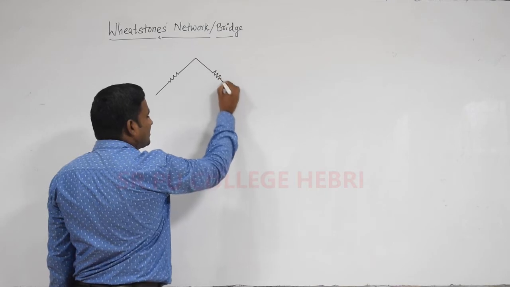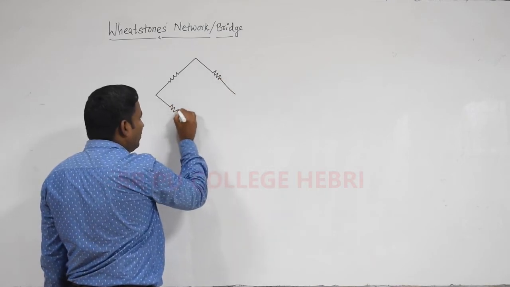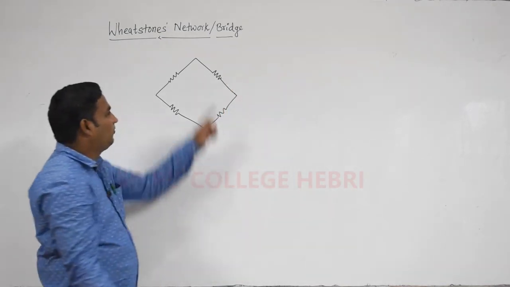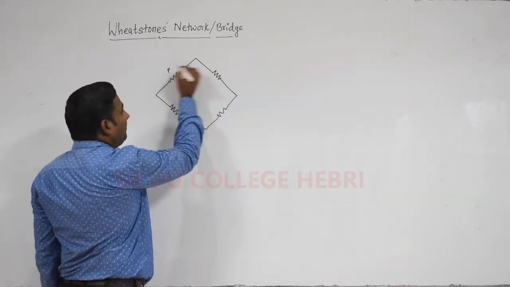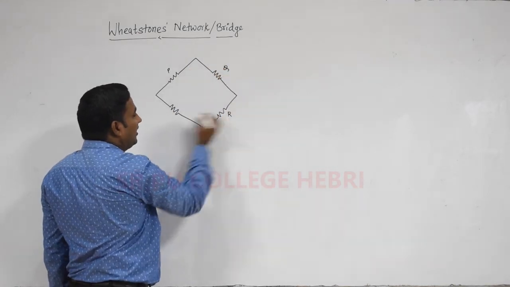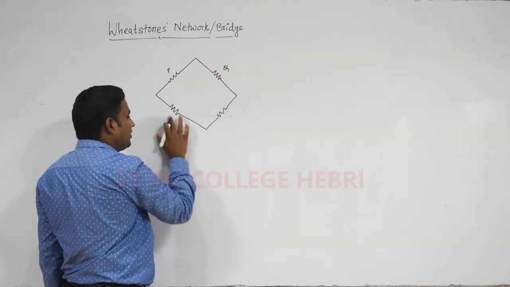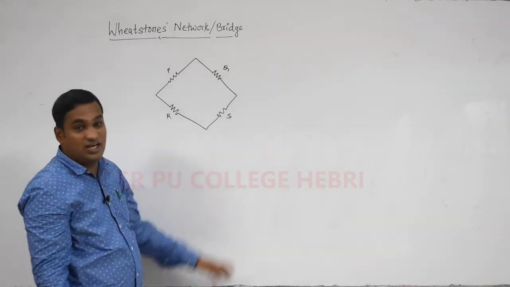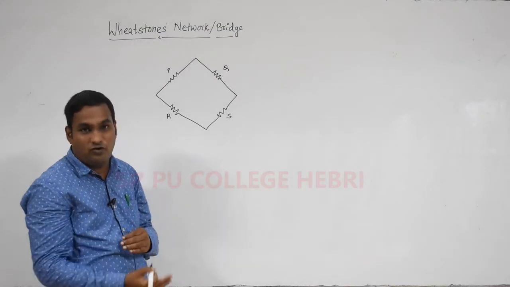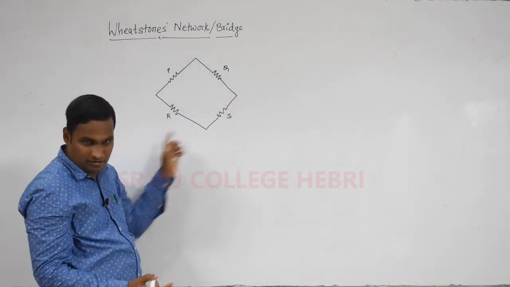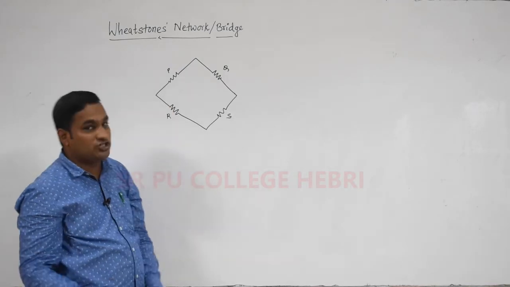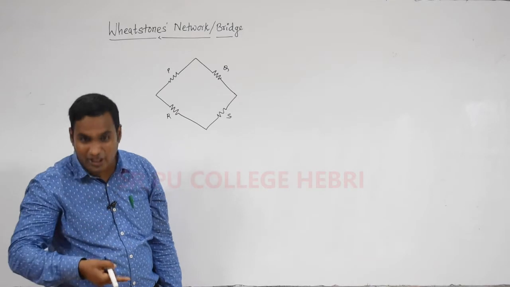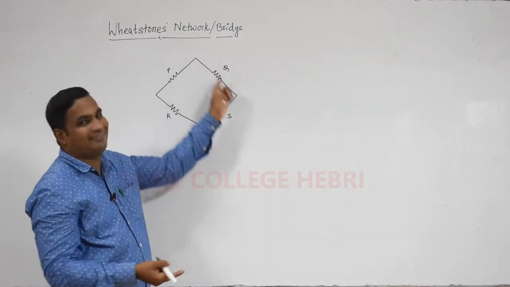These 4 resistors we may call P, Q, R, S, or you can take this one as R and this one as S. Here the 4 resistors are connected in a cyclic order in the form of a quadrilateral.